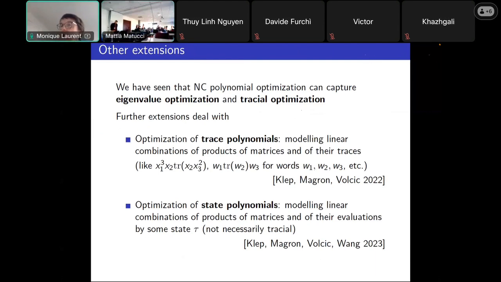I think the original paper of McCullough and Helton was rather algebraic, if I remember well. Maybe I'm going to say something which is a bit wrong, but some of the results in the non-commutative setting are way more difficult, and some of them are easier.